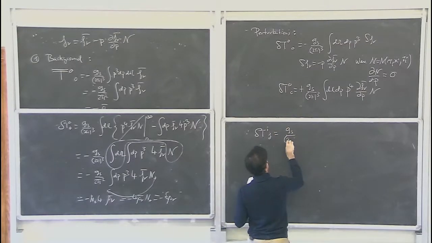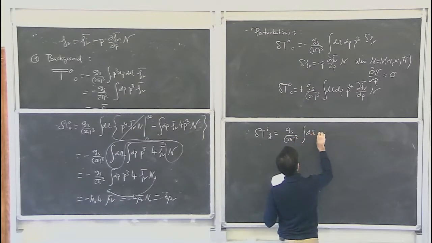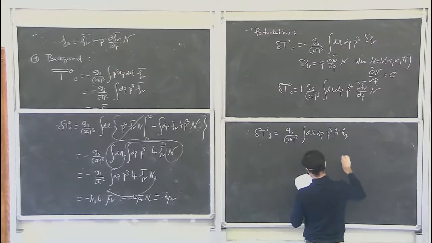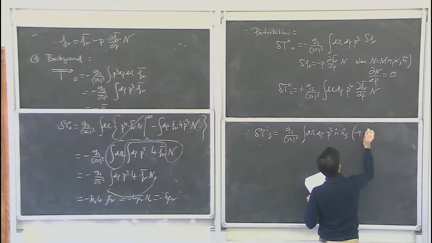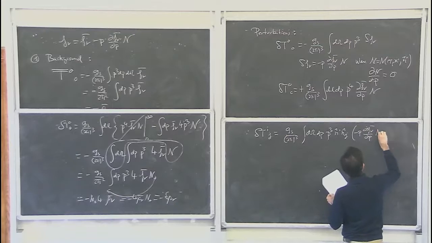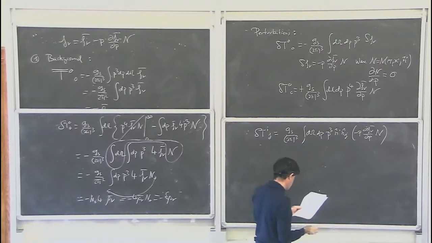We have this integral d omega dp p cubed n_i n_j, minus p. Okay, so we'll do the same.